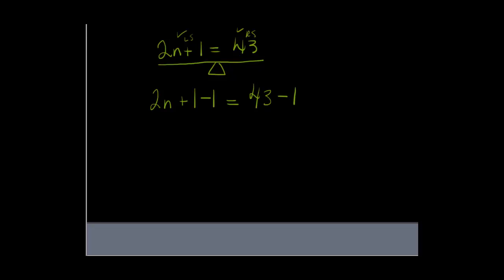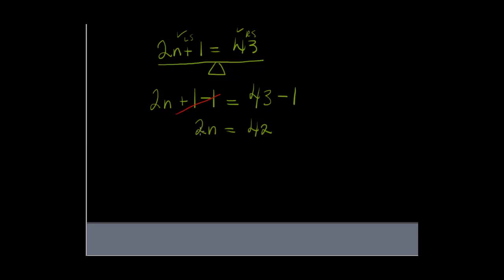Now these cancel each other out, and I'm left with 2n is equal to 42. I just complete this math on this side.